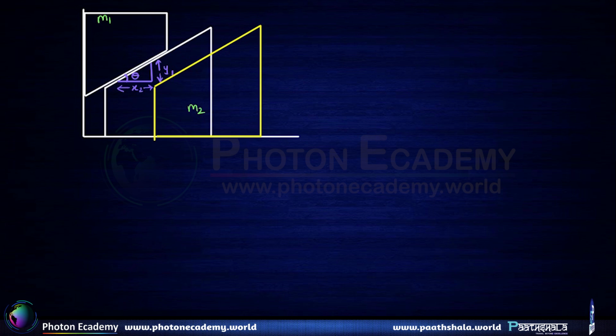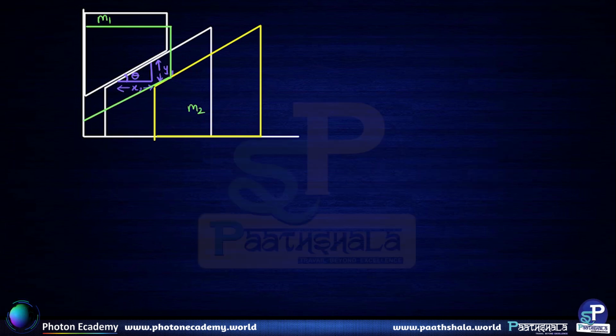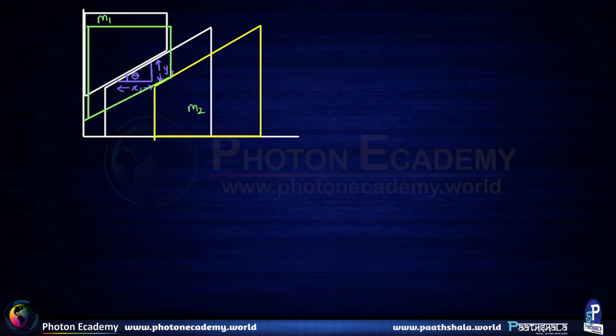In such a case the block of mass m1 would have had to come down over here, to shift over here. So if the block of mass m2 moves with x2 and the block of mass m1 moves with y1, then necessarily the student should follow the logic that we'll have to have theta as constant.